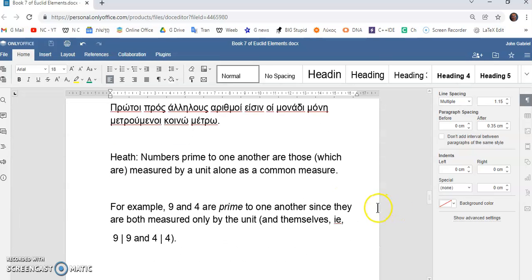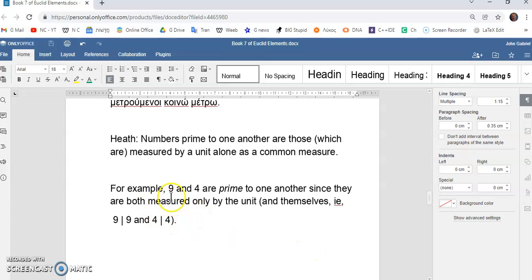Now, definition 12 says numbers are prime to one another as those measured by a unit alone as a common measure. So what this is telling you simply is that, for example, the numbers 9 and 4 are prime to each other, because they're only measured by the unit and themselves, right?